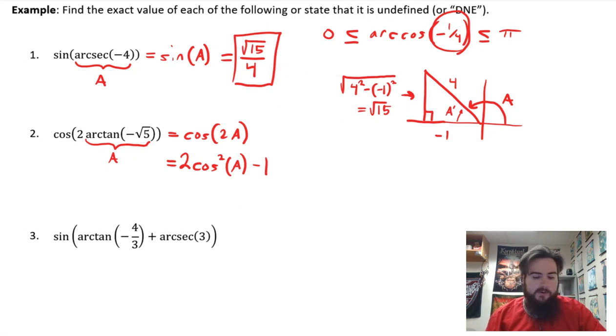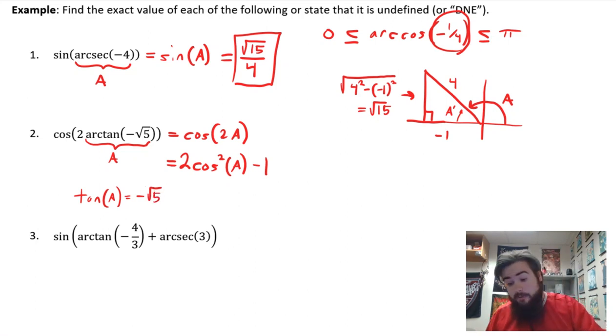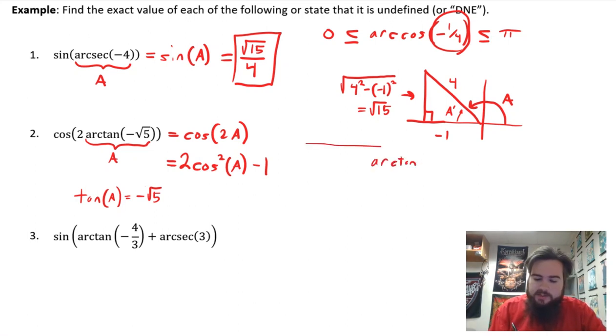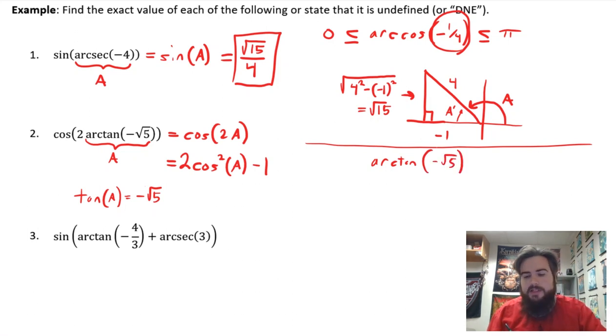And because I know tangent of A, I technically know tangent of A should equal the ratio of negative square root of 5. I should be able to draw something to represent that. So, the inverse function we're working with, arctangent. Arctangent, unlike arccosine, is not defined between 0 and pi.